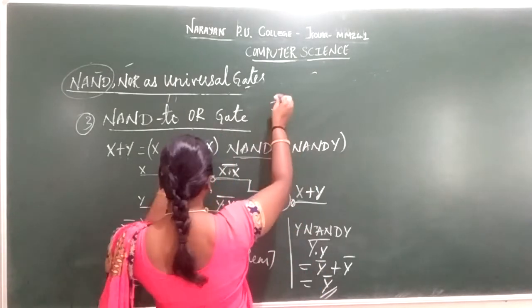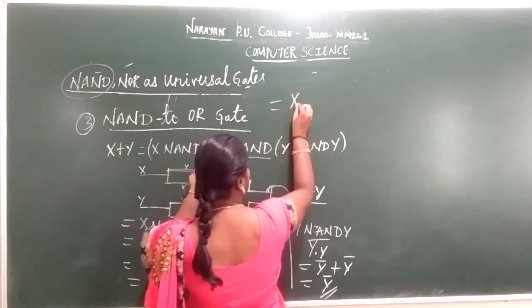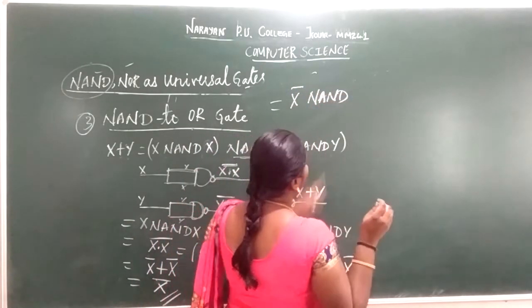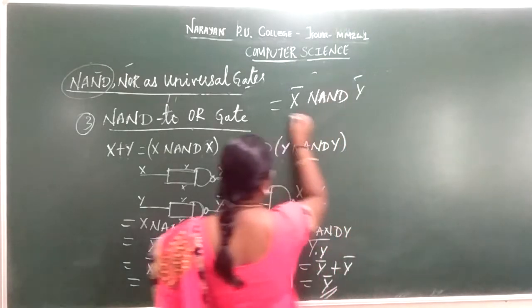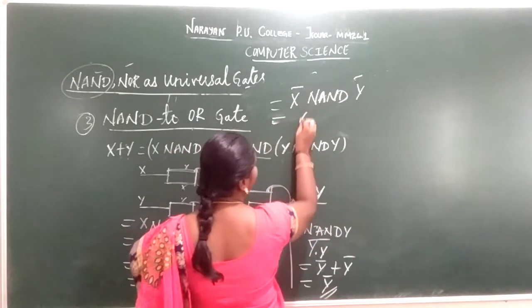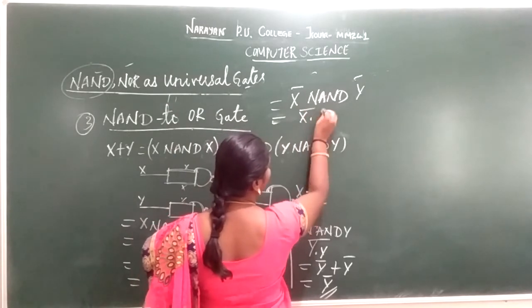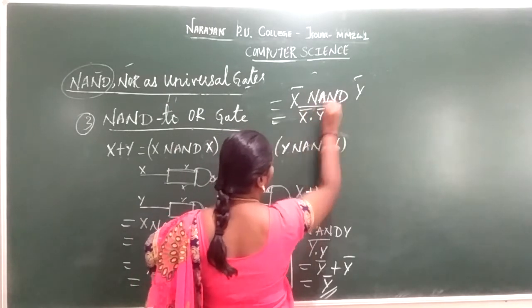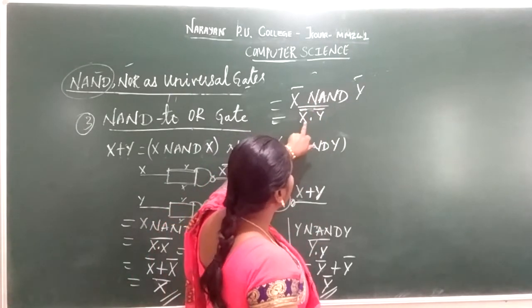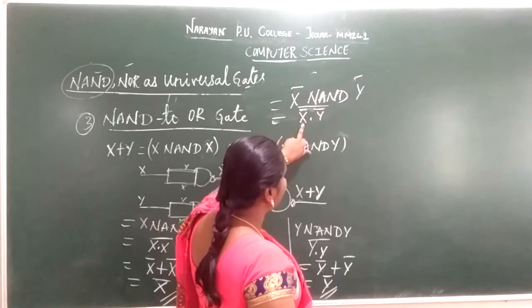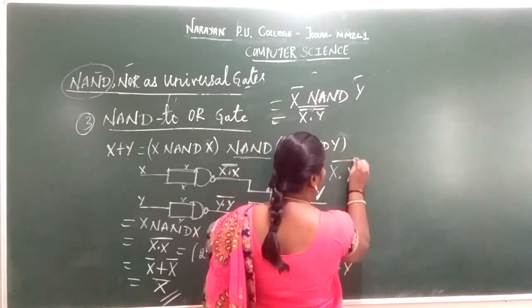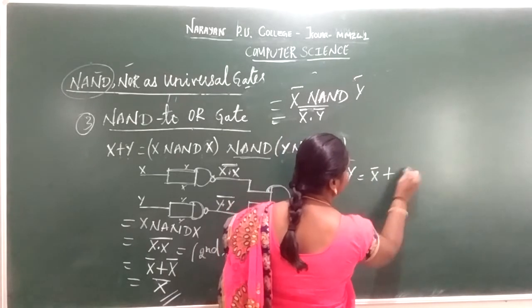So implementing in this particular expression, x NAND of x is x bar and y NAND of y is y bar. So remove the NAND operations and write it in the form of symbol, x bar into y bar the whole bar. Again I am using the De Morgan second theorem, that is x into y the whole bar equals x bar plus y bar.